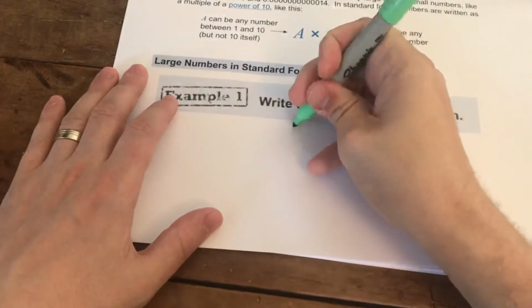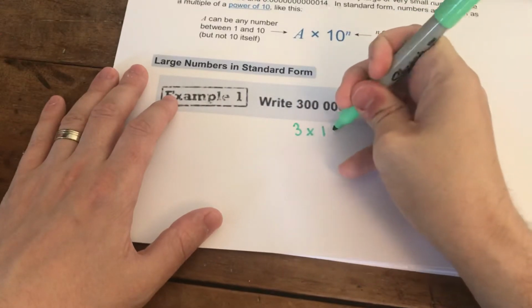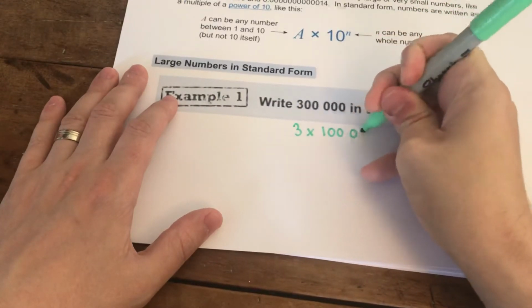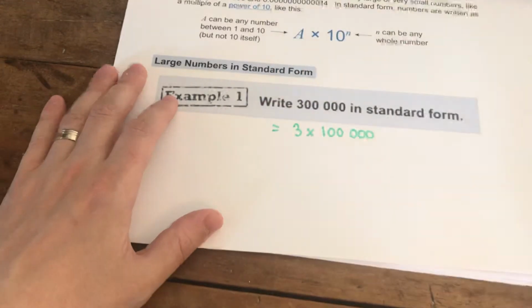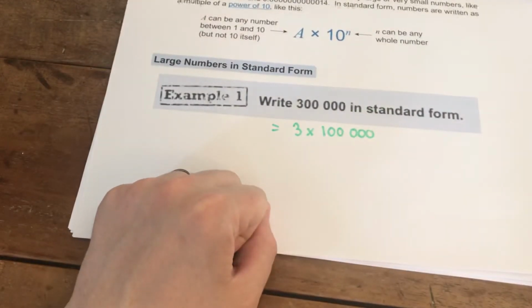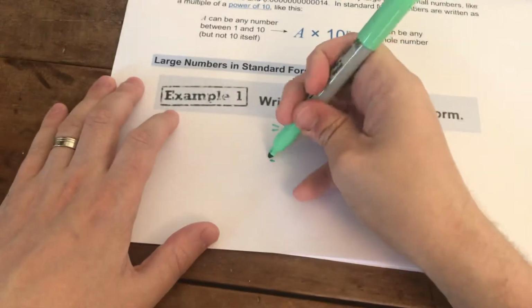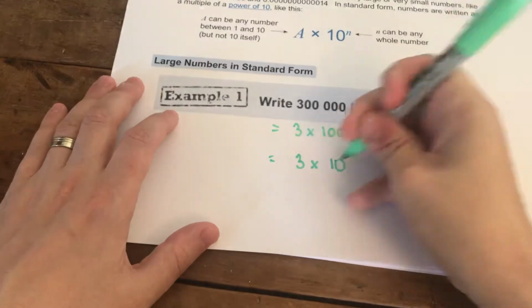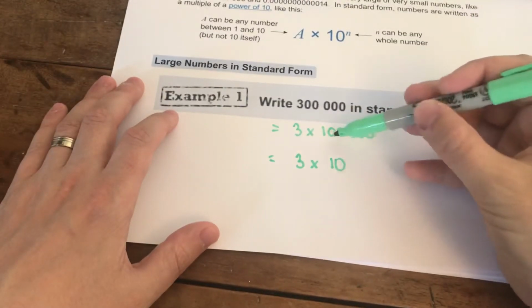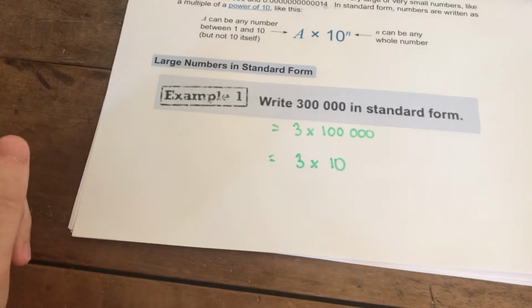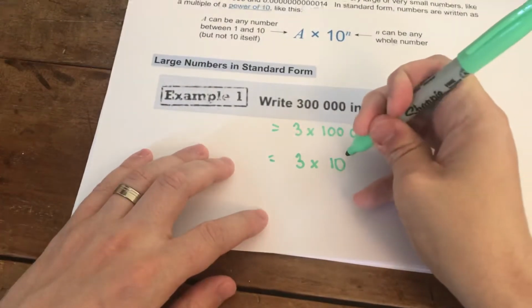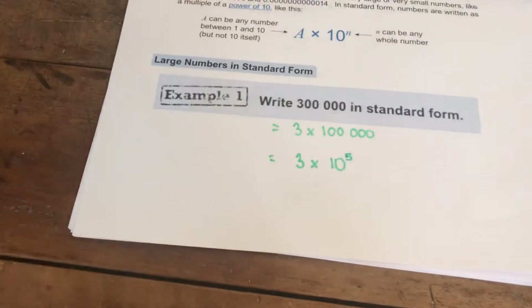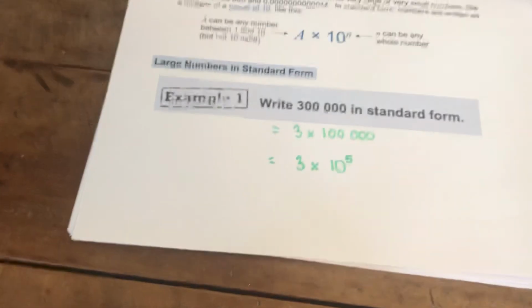Think of this as being the same as writing 3 times 100,000, which gives you 300,000. So we say that is 3 times 10, and we think, what's 10 to the power of what to get to 100,000? Well, that would be the power of 5. So we get 3 times 10 to the power of 5, and that would give us our answer.